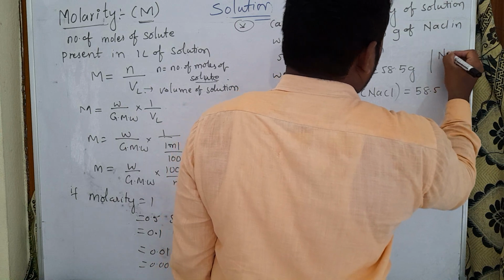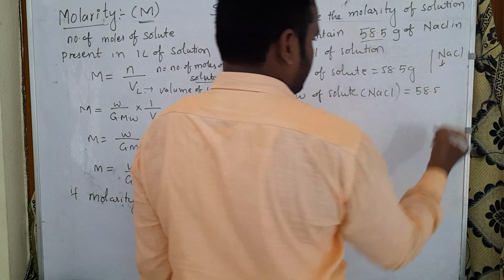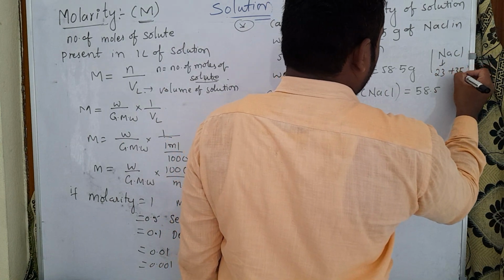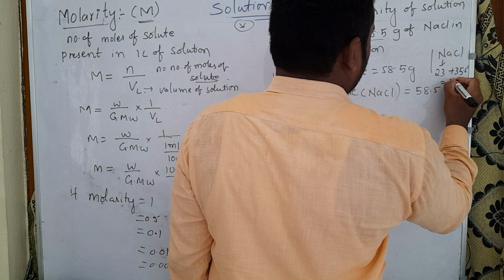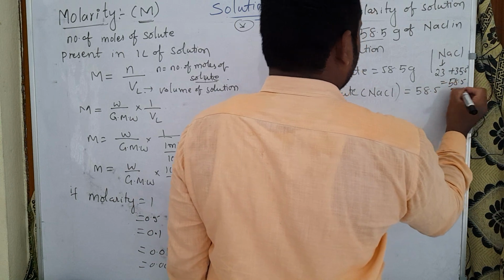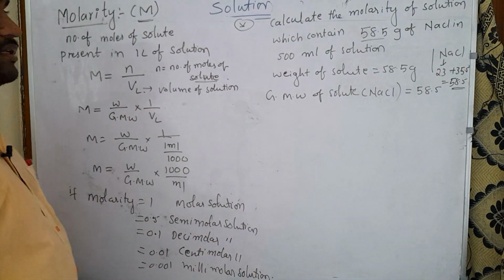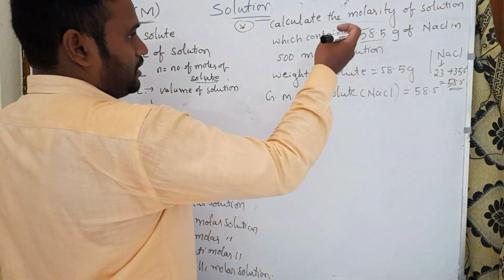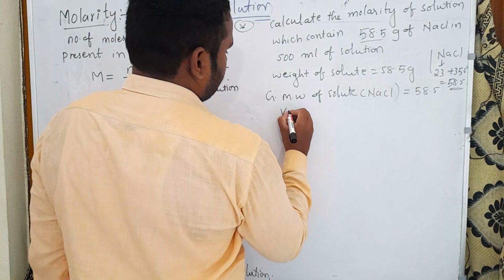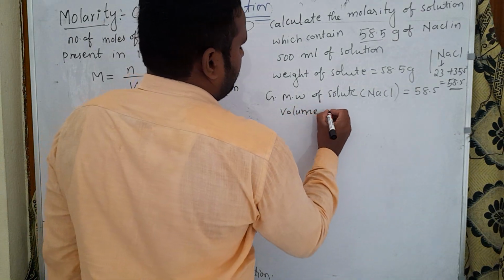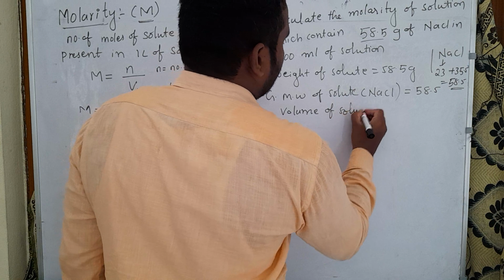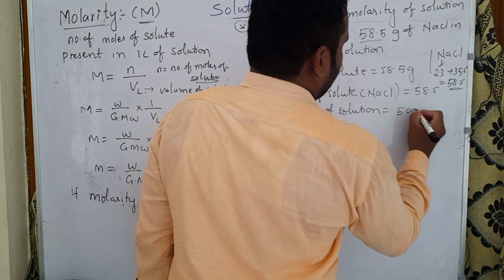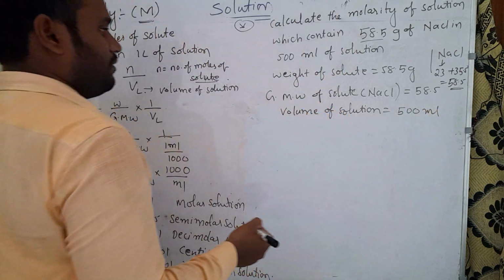In NaCl there is only one sodium, that is 23, plus 1 chlorine, that is 35.5, so the total is 58.5. Now what else is given? The volume of solution is equal to 500 ml. So this is the given data for us.